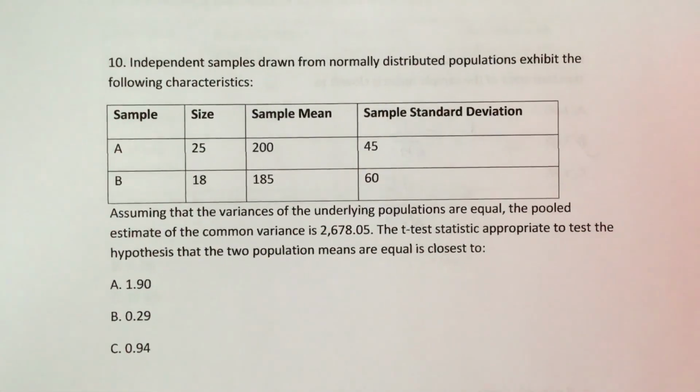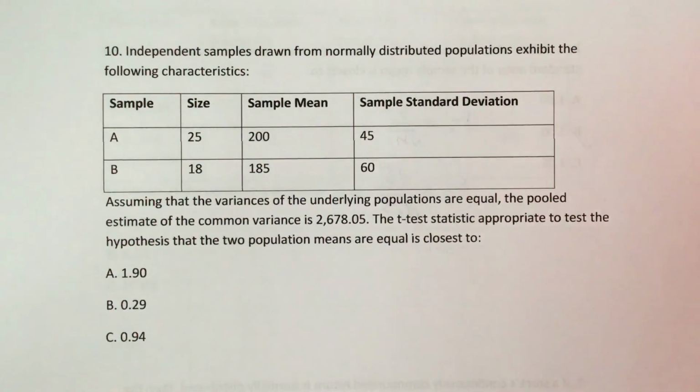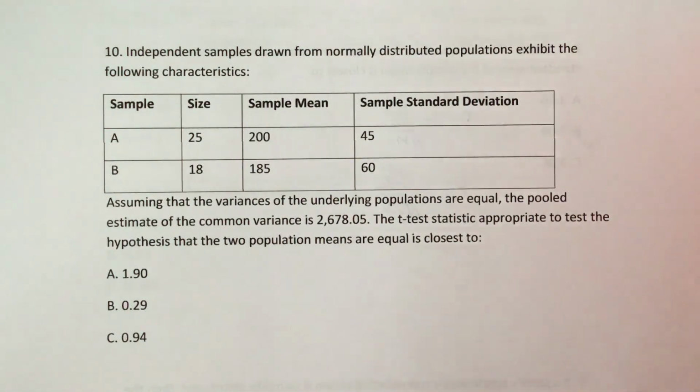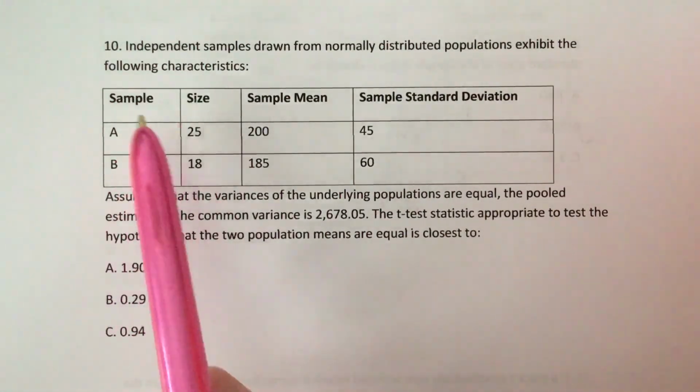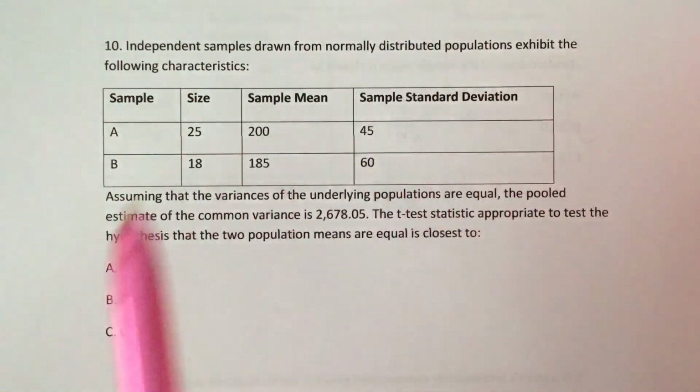Question 10. Independent samples drawn from normally distributed populations exhibit the following characteristics: sample A, sample B, sample size, sample mean, sample standard deviation.